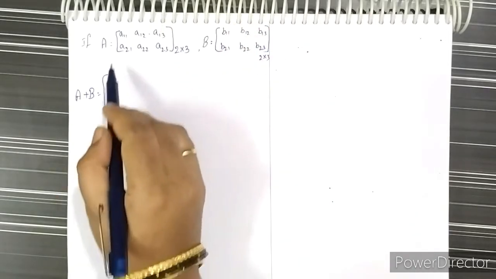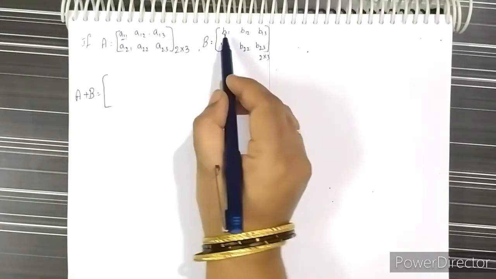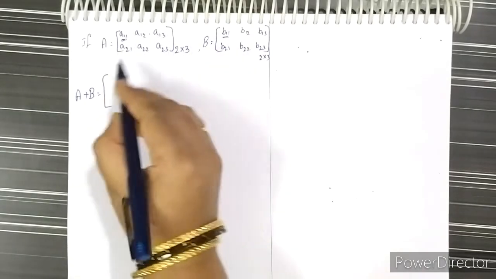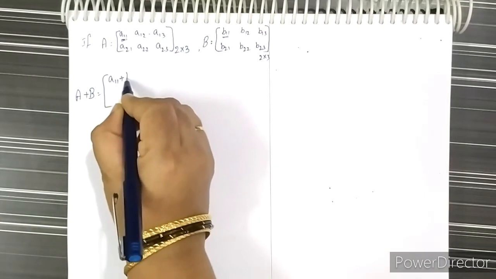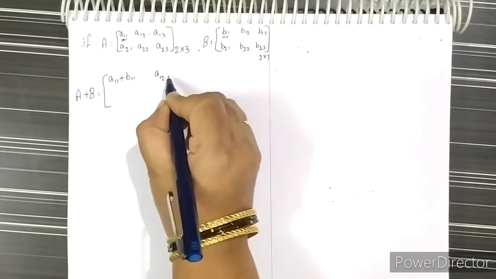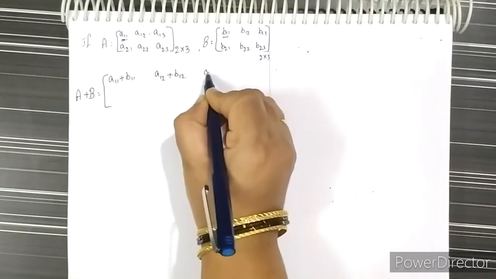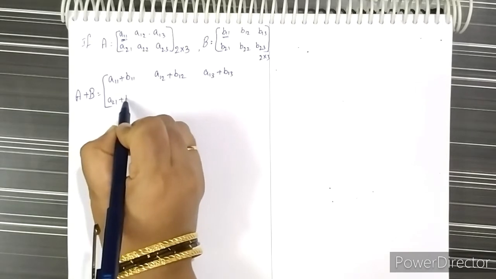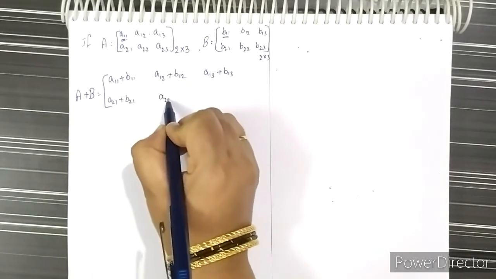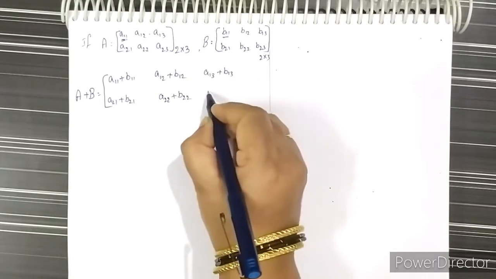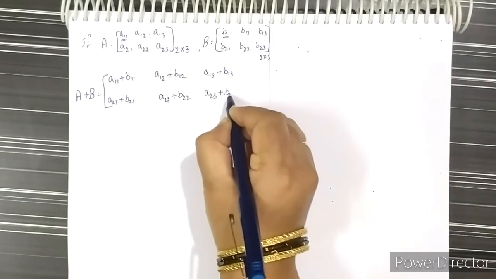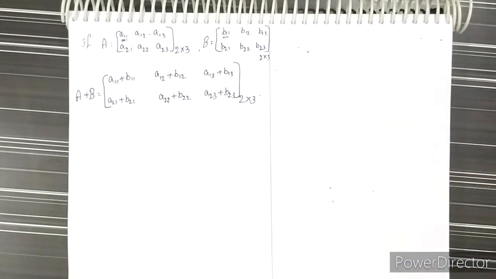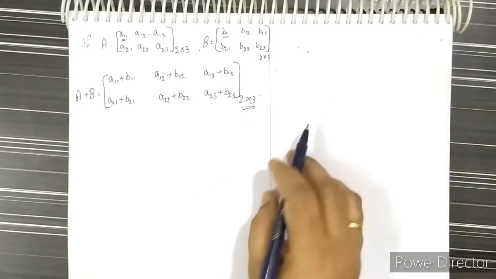That means A11 plus B11, A12 plus B12, A13 plus B13, A21 plus B21, A22 plus B22, A23 plus B23. This is a 2 by 3 matrix, and the order is also the same.